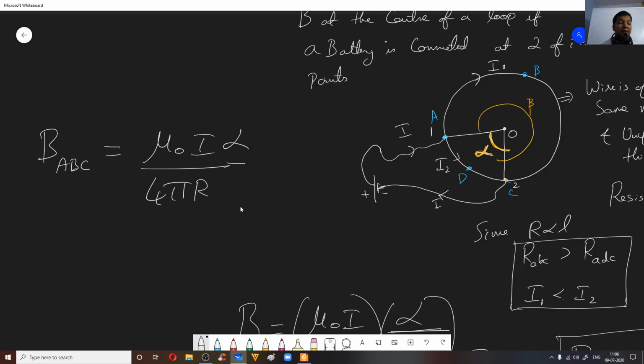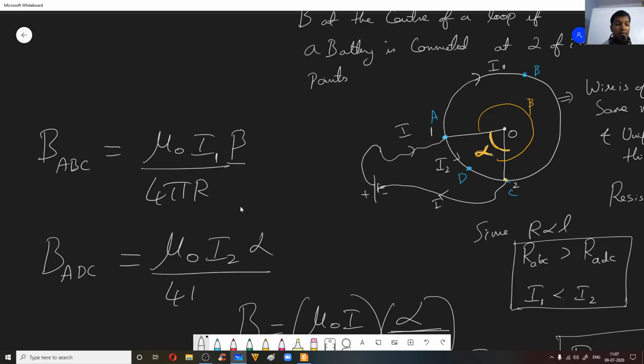Then BADC, sorry, the current flowing through ABC is I1, and the angle it subtends, you can call it beta. Now this is mu naught I2 alpha whole thing divided by 4 pi r.